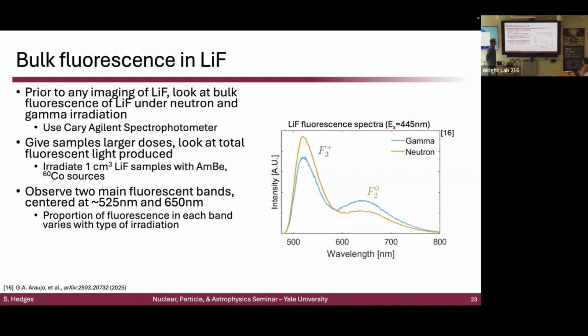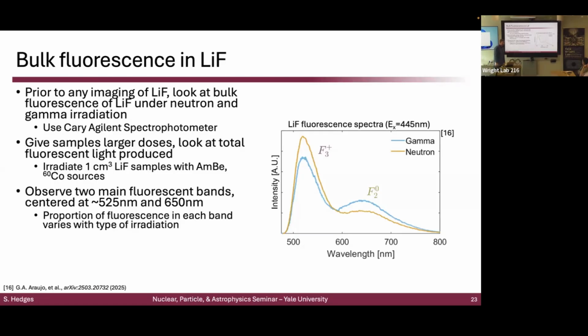So I mentioned this earlier. It's pretty difficult to have a gamma actually create one of these defects. Most of the time, if you have a gamma in your material, it's going to interact with electrons, not the nucleus itself. It's really only once you get to higher energy gammas that you have to worry about this.